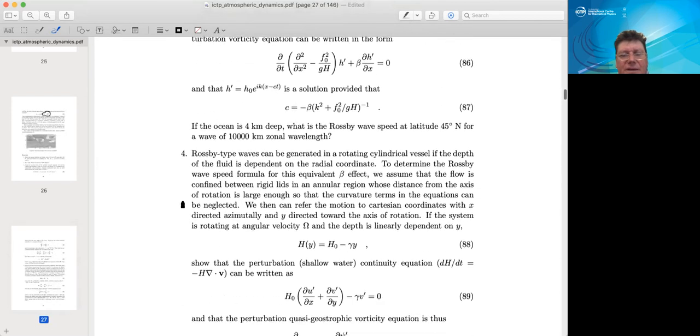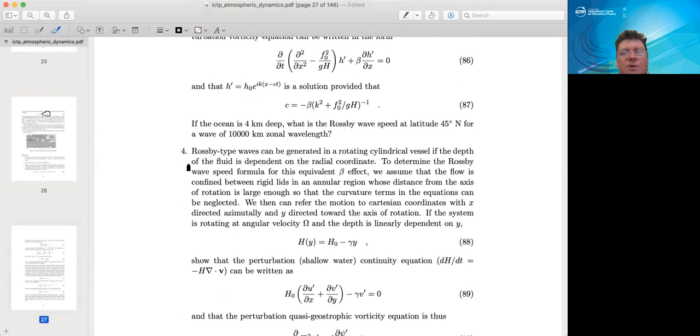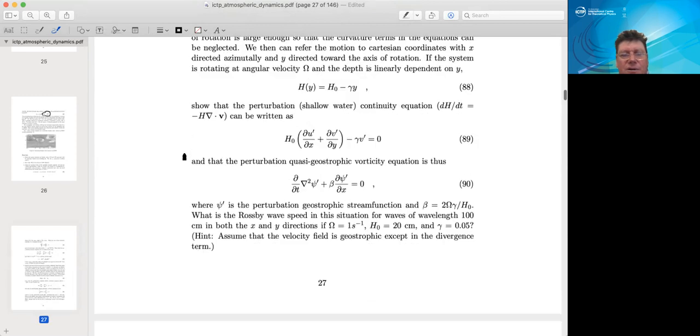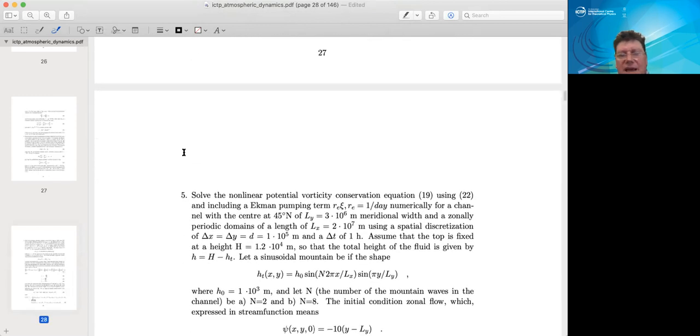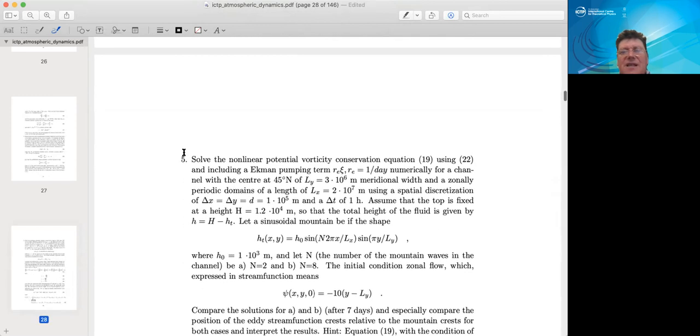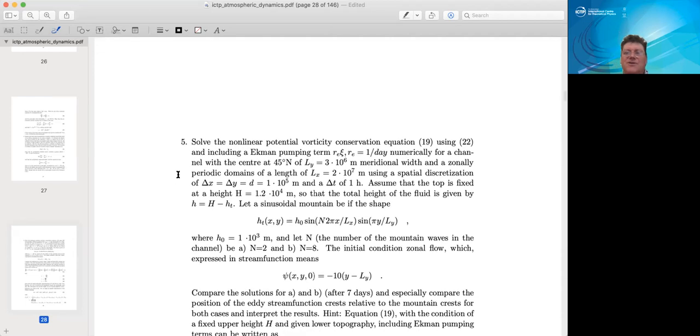But then I don't want you to do exercise number 4 and not exercise number 5. Exercise number 5 you may actually read and study, because it's quite interesting. It encourages you to write a model for a Rossby wave in an extratropical beta channel.